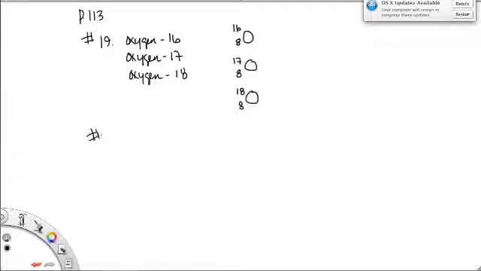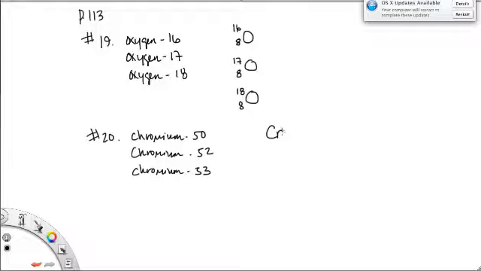In number 20, we have chromium 50, chromium 52, and chromium 53. Again, we want to write the atomic shorthand for these. So the symbol for chromium is Cr. The mass number is here, so the mass number is 50.